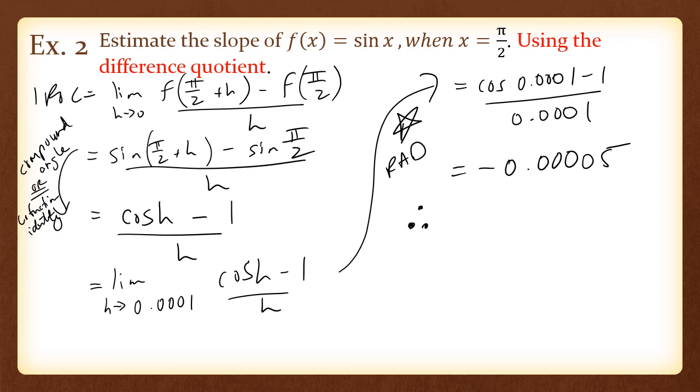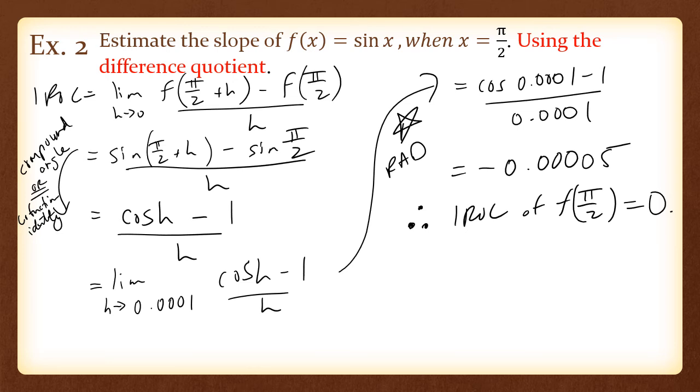That is really close to what? Really close to 0. So therefore, the IROC of f of pi over 2 equals 0.